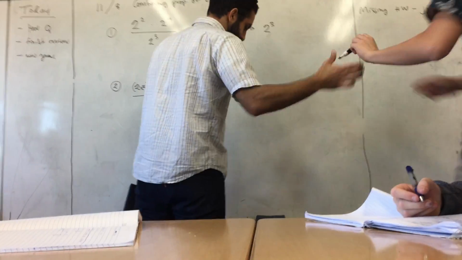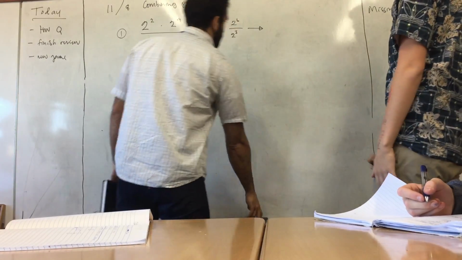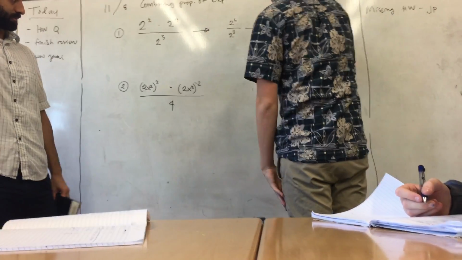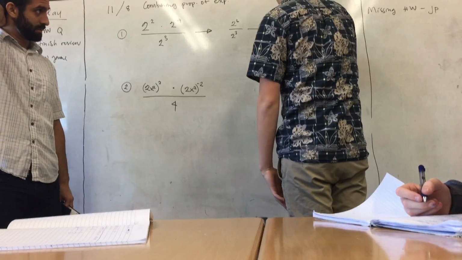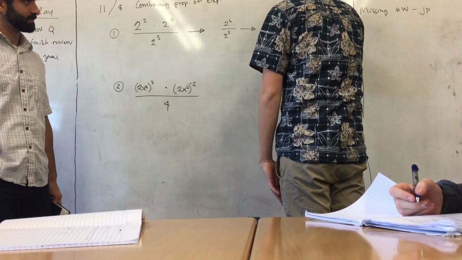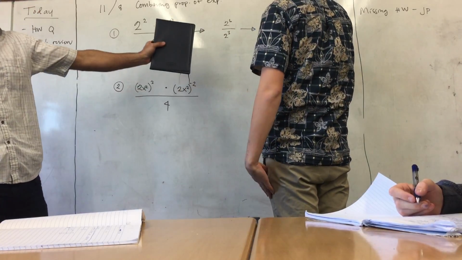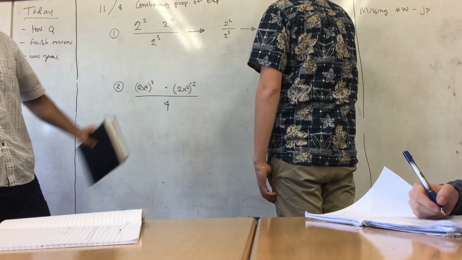Alright, hold on. I just did 2 times 2 times 2 times 2 times 2 times 2. Okay, this is the theory. You guys gotta understand the theory behind all these shortcuts.